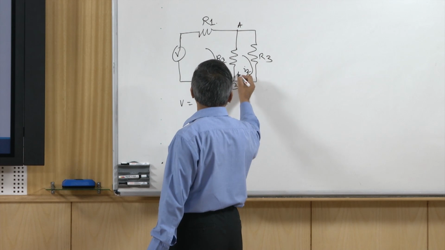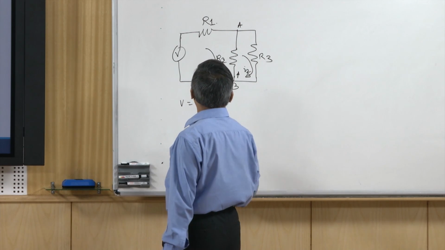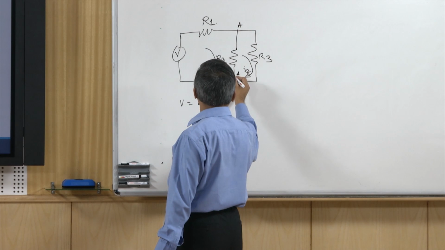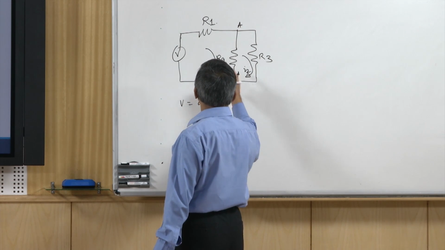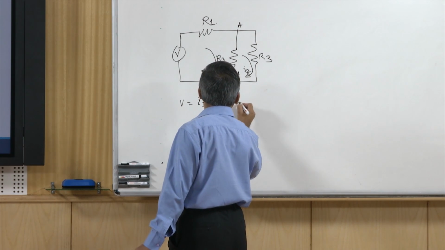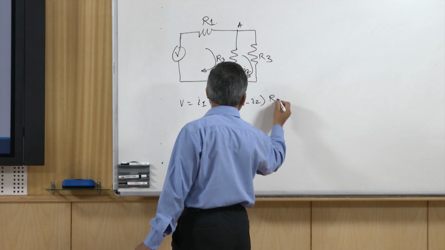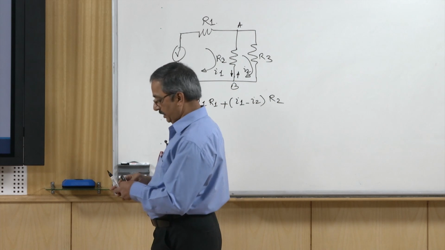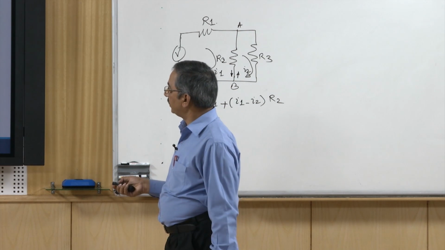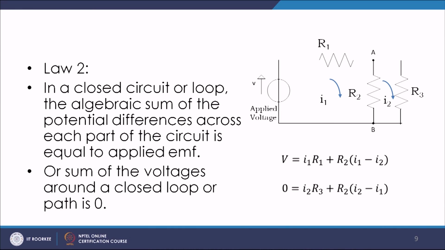So, this will be the direction for I2 and this will be the direction for I1. We have to find the net current, so this is I1 minus I2 into R2. This is the expression for the first loop.